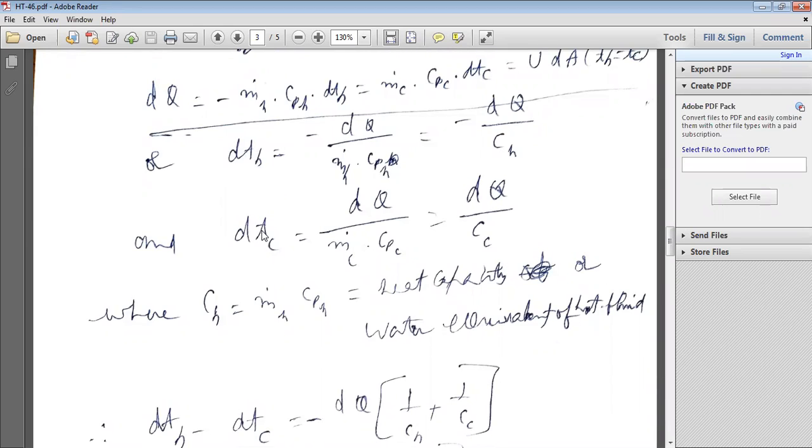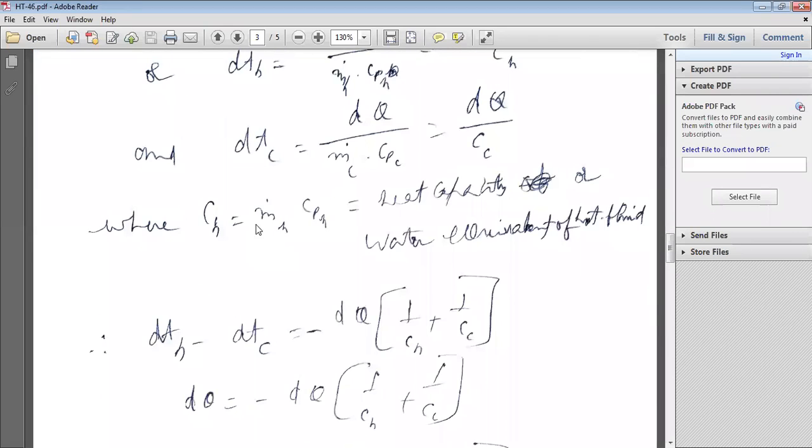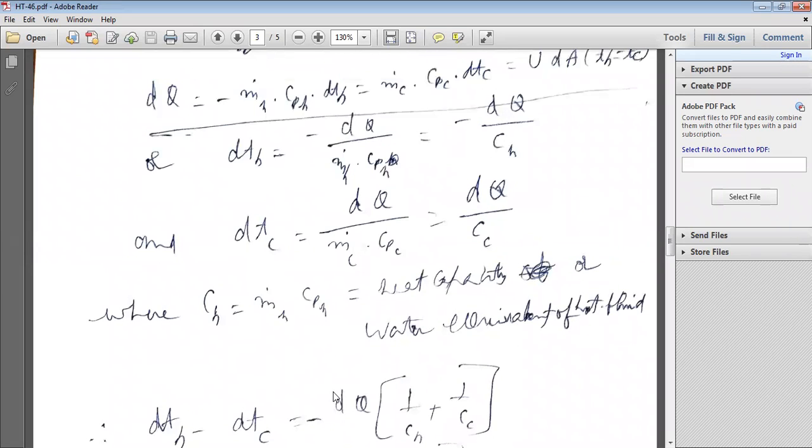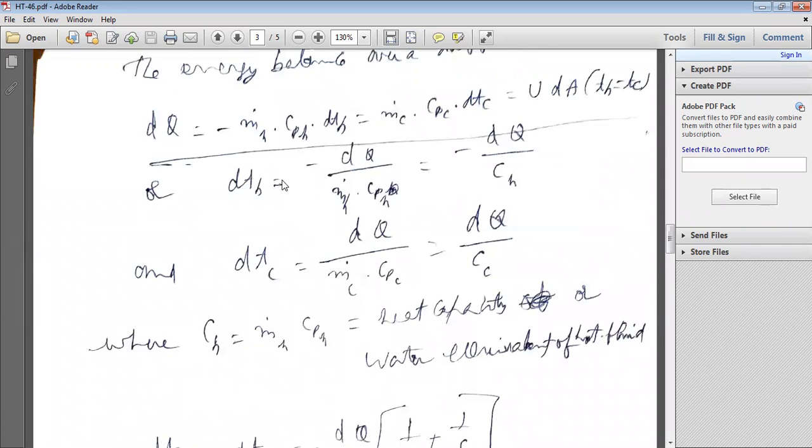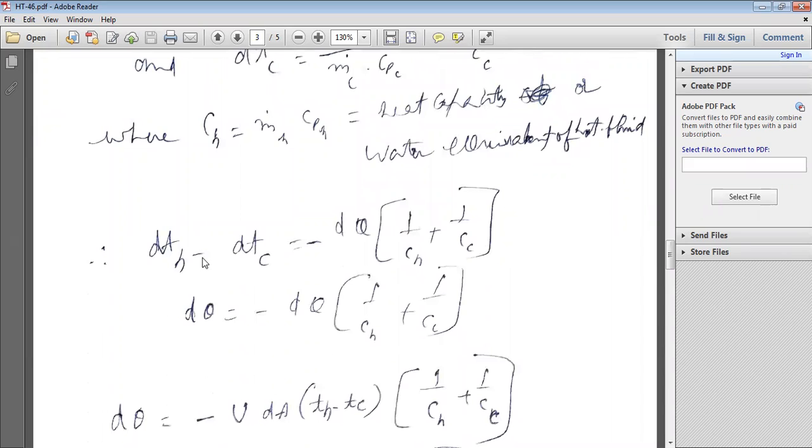Now take the difference of these two. Therefore, dTh minus dTc is equal to minus dq into 1 by CH plus 1 by CC. But what is dTh minus dTc?